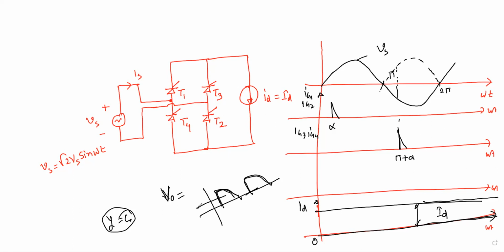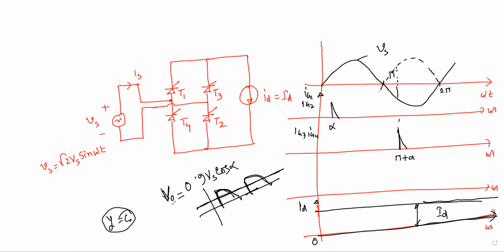We want to see what the DC is, and we have already found that the DC voltage will have an expression like this. If alpha equals 0, you will get 0.9 Vs, just like your diode, and if alpha equals say pi by 2, then what will be your output? 0.